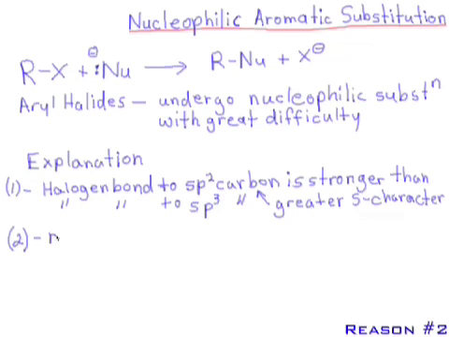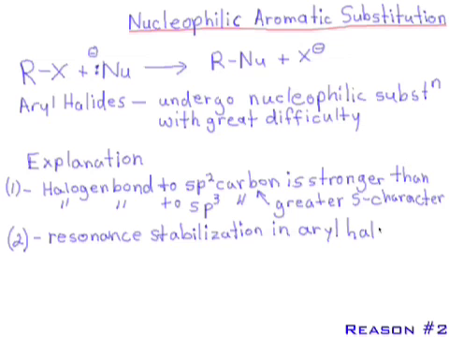Resonance stabilization in your aromatic halides, let's call them aryl halides, strengthens the carbon-halogen bond, the C-X bond, X being halogen.